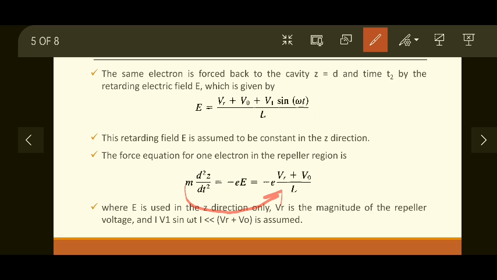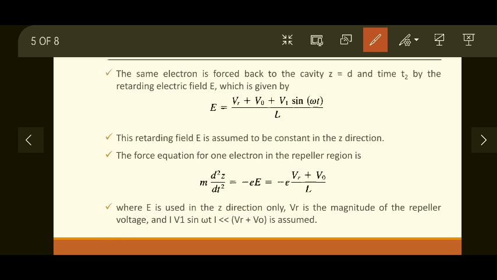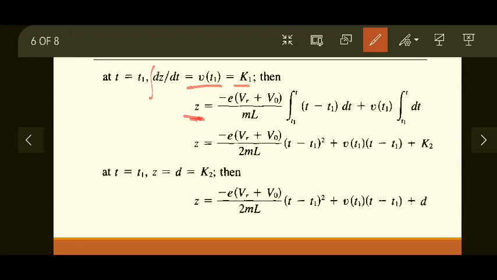So d2z by dt square is minus e (Vr plus V0) upon mL. That's what we are doing, because we are taking integration from t1 to t, or t minus t1, that is the total time traveled, into dt, and further you have to take a displacement. So this one is for second order integration and this is first order integration.